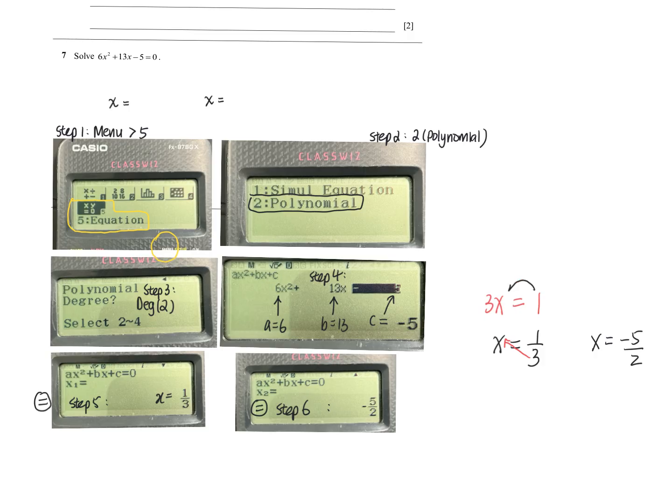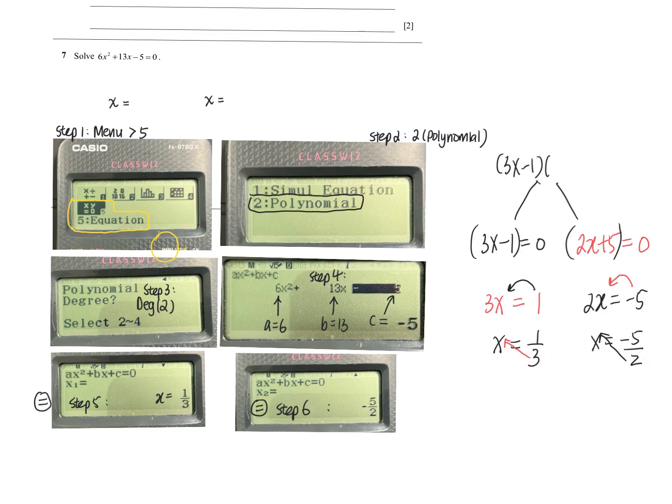So this one you bring over is 3x minus 1. Next one, this one you cross multiply, 2x equals to minus 5. Bring this over. So previous step, you put these 2 together. So this is how you get the perfect 3 marks.